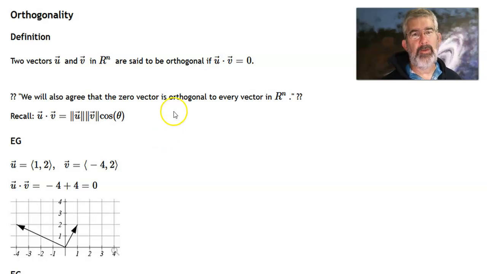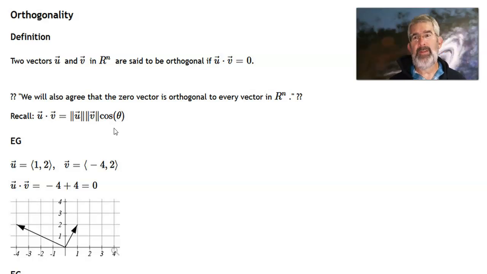Now, also thinking of it from the point of view of orthogonality, if you get a dot product equal to 0, it means that one of the three factors over here had to be equal to 0. So either one of the two vectors was a 0 vector, or the angle between the two vectors was pi over 2, right?